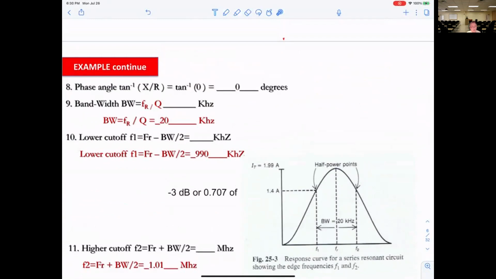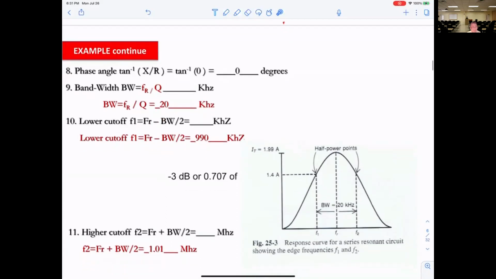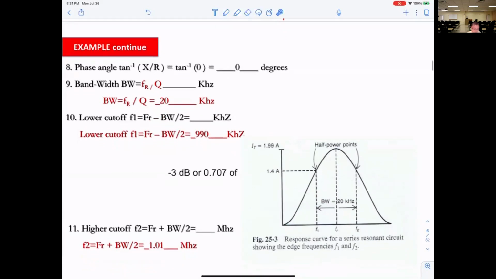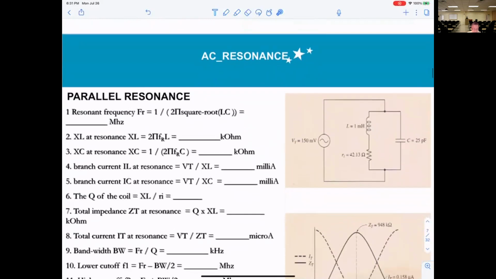You get left over only the resistance. So that's why they will be in phase with the voltage. The voltage source phase is not given, it's zero, and resistance has no phase anyway. Okay.